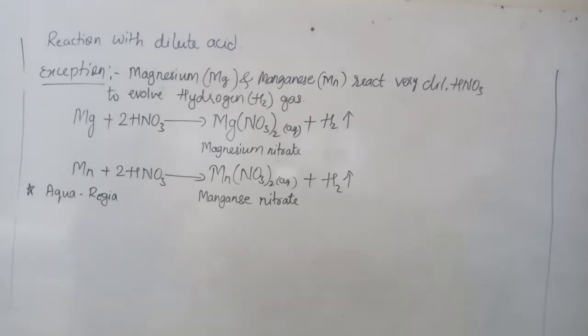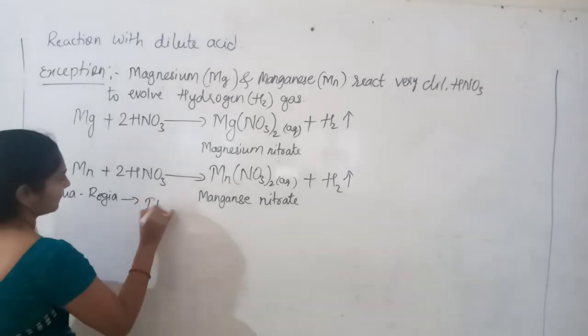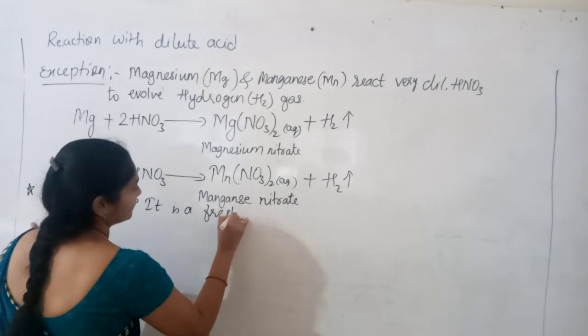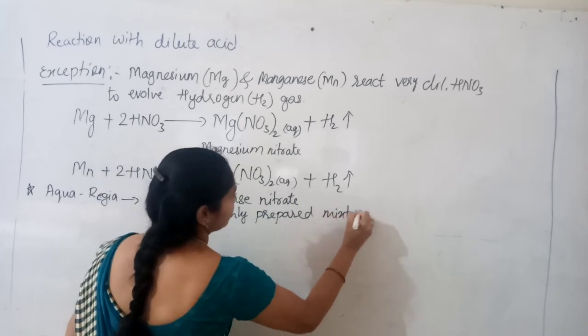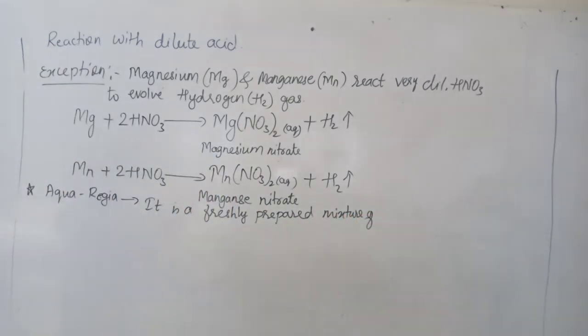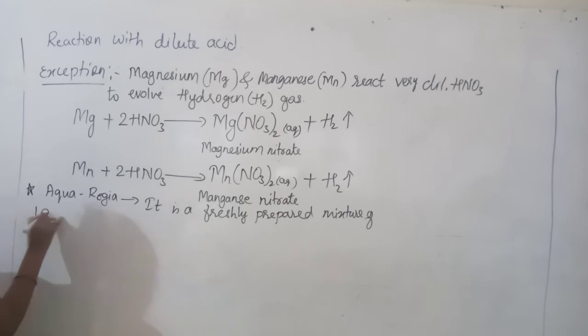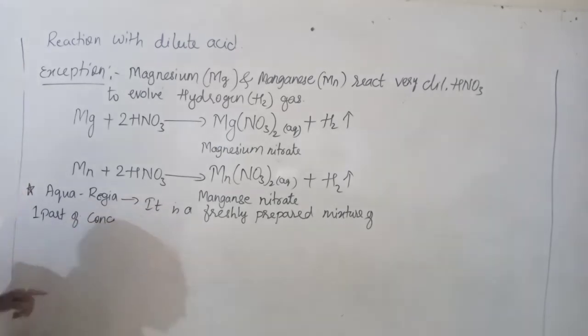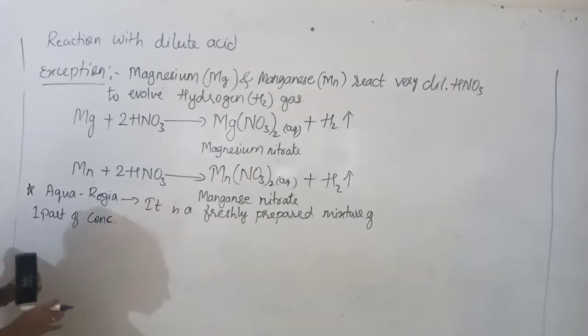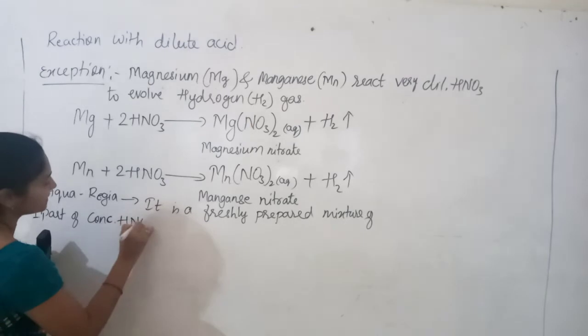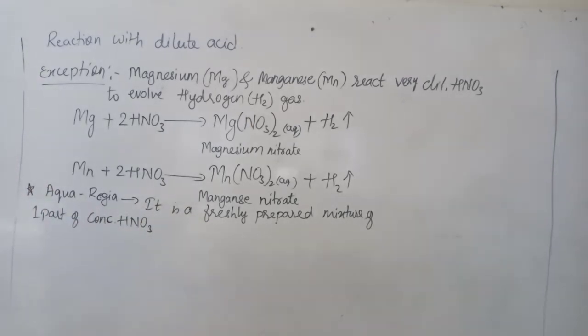It is a freshly prepared mixture of 1 part of concentrated nitric acid and 3 parts of concentrated HCl.